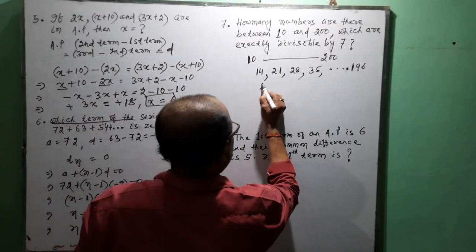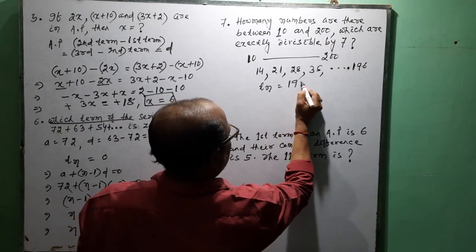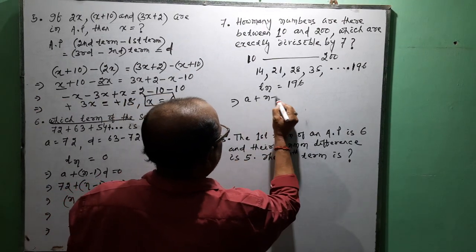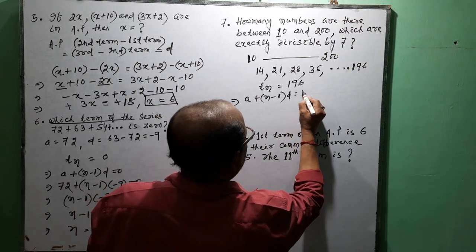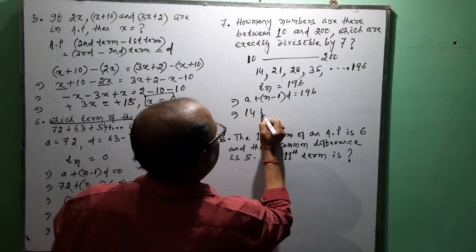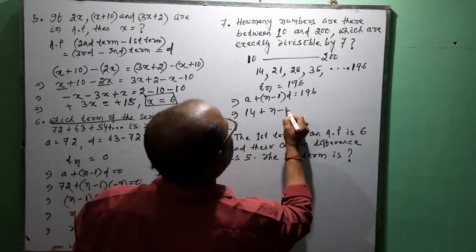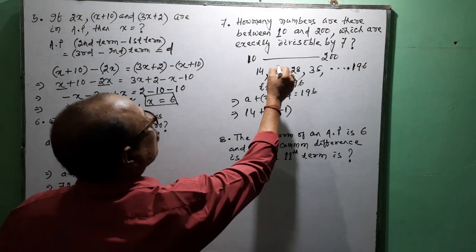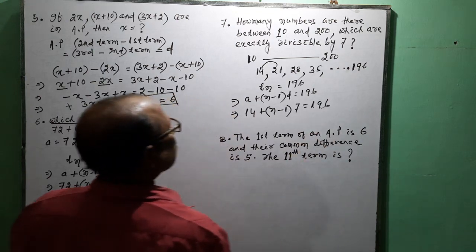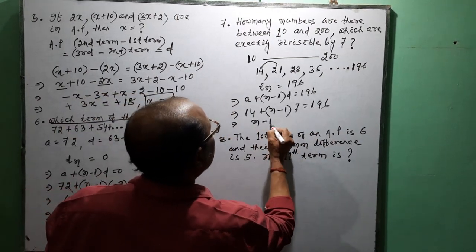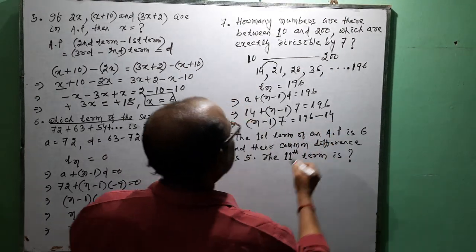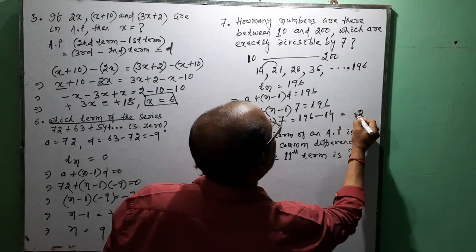That means Tn is equal to 196. This implies A plus n minus 1 whole into D is equal to 196. Here A is 14, n is not given, and D is 21 minus 14, which is 7. So n minus 1 whole into 7 is equal to 196 minus 14, which is 182.